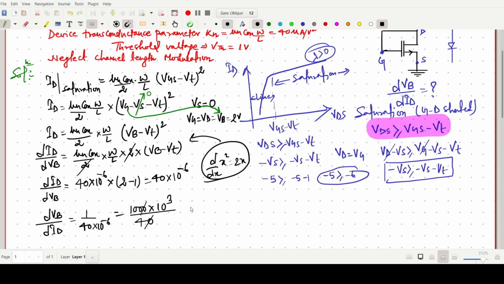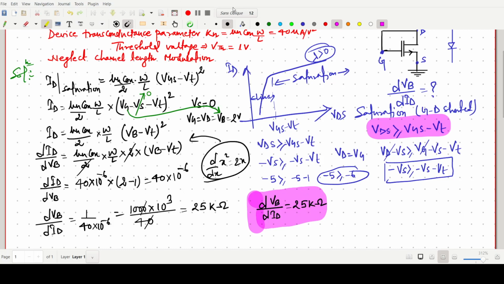So the zeros will be cancelled, so 25 kilo ohm. So the small signal resistance for this question is very simply we can write 25 kilo ohm. Okay, so this one is the answer.